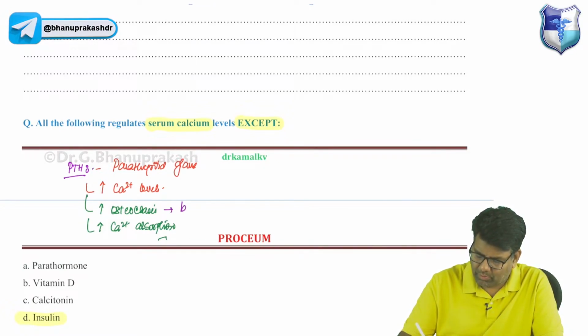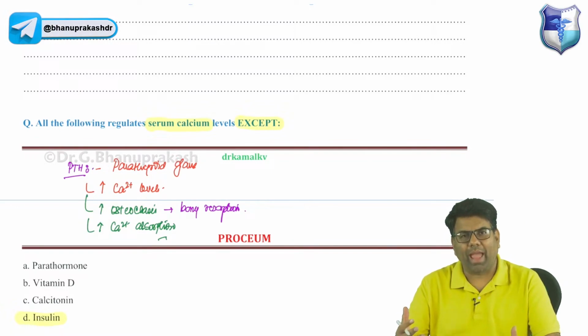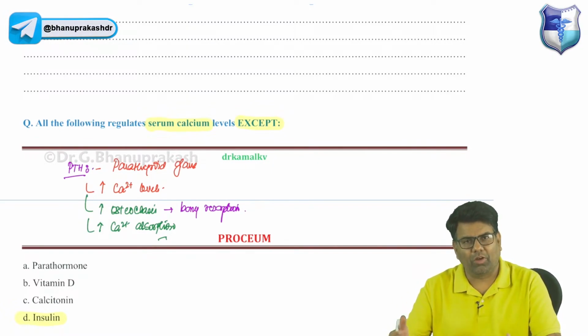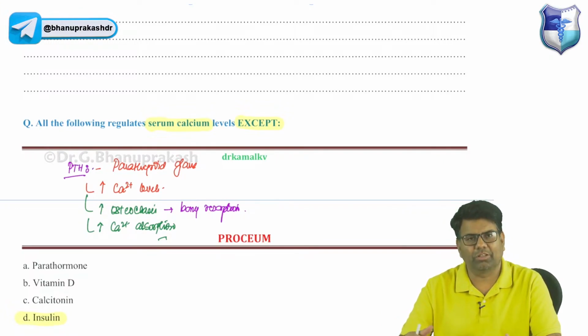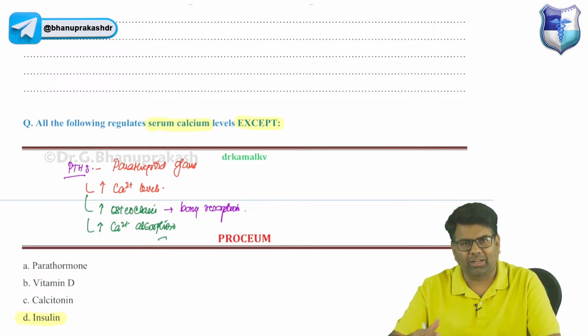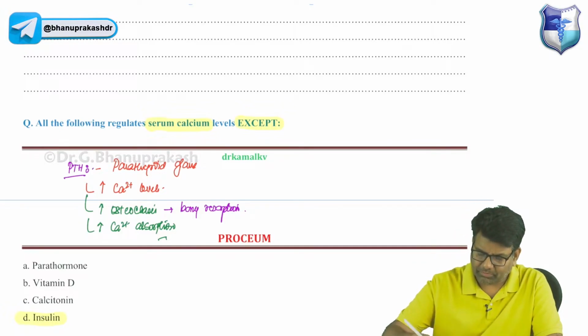This is bony absorption, because we know that the bones are the calcium bank. So there is a continuous withdrawal of calcium from the bones. There is absorption of calcium, and that is known as osteoclasis. So parathyroid hormone promotes that activity to increase the serum calcium level.